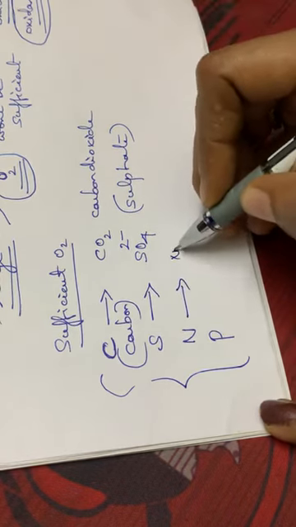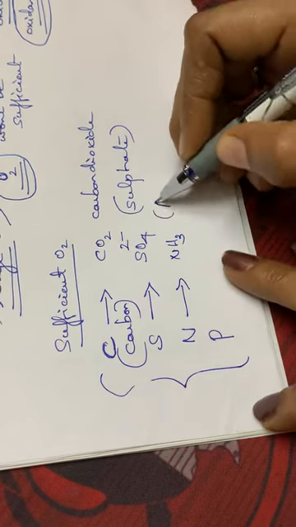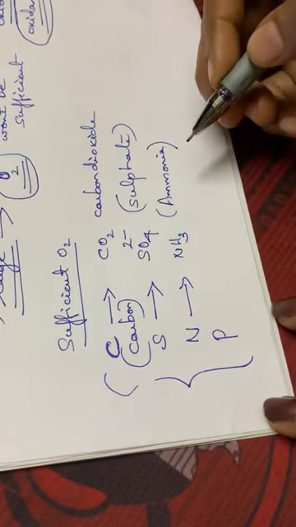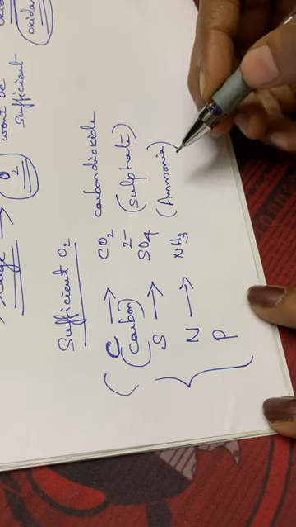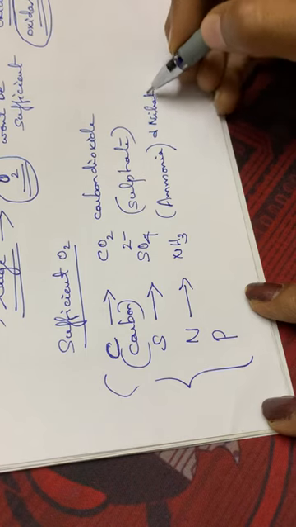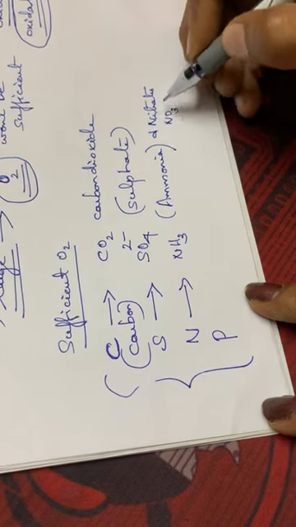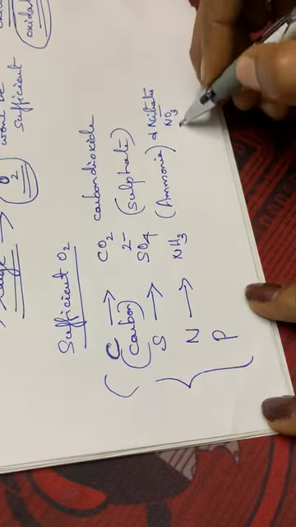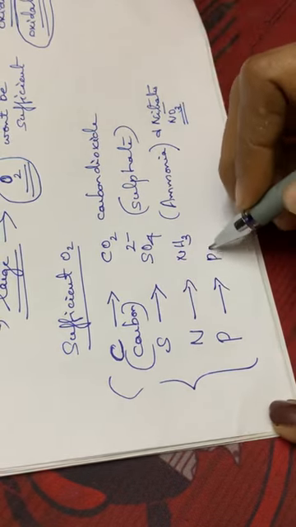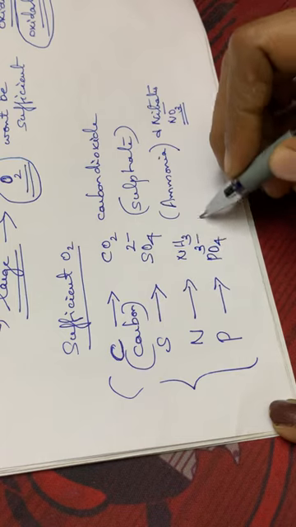Nitrogen will be converted to ammonia, NH3, and also to nitrates, NO3-. Phosphorus will be converted to phosphates, PO4 3-.